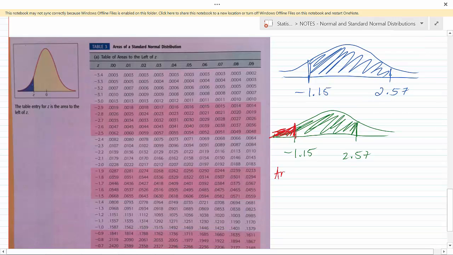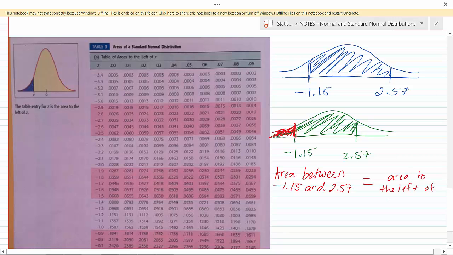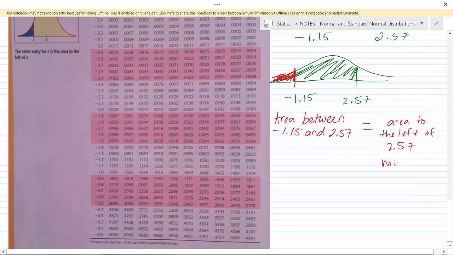The area between negative 1.15 and 2.57 is equal to the area to the left of 2.57 minus the area to the left of negative 1.15.